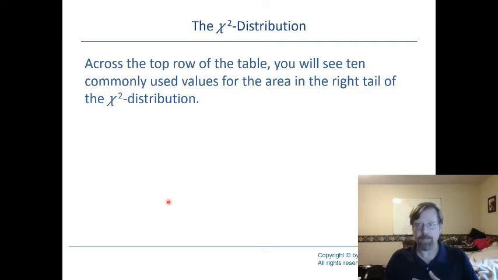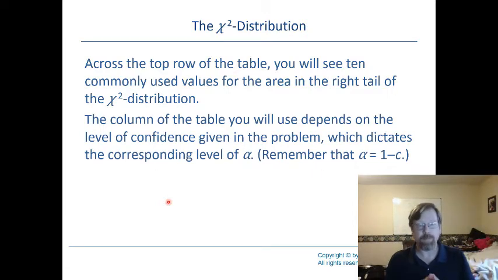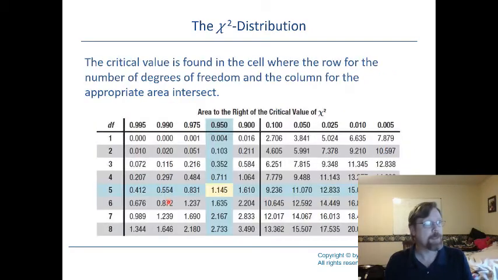And the column we use gets a little bit more complicated. Which alpha we want. So depending on what we're after, we may be using 1 minus alpha, and we may be using alpha, depending on what we're looking for.